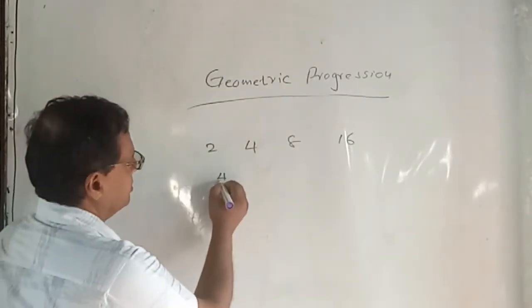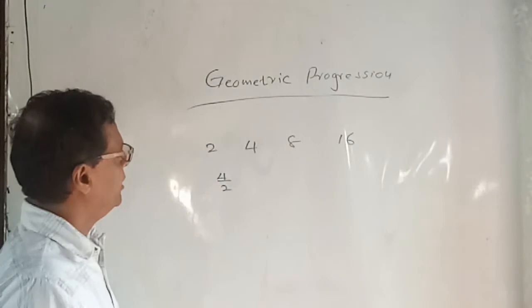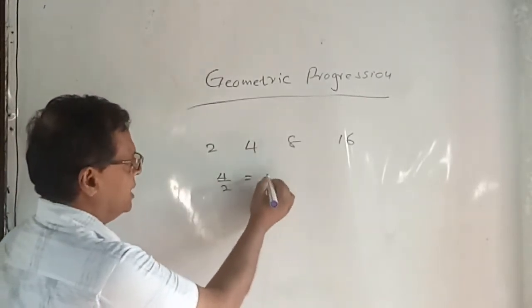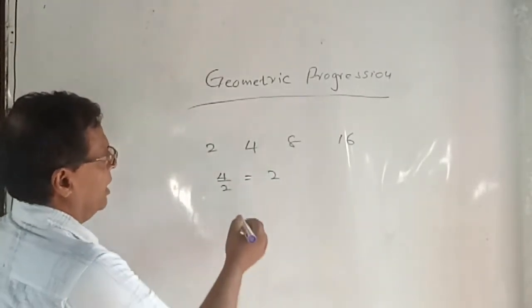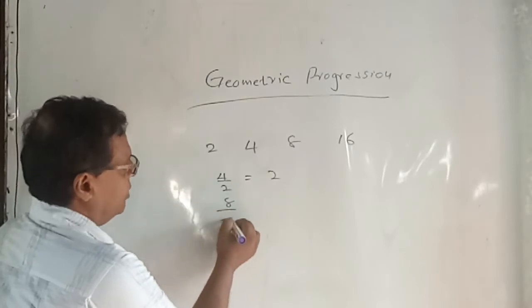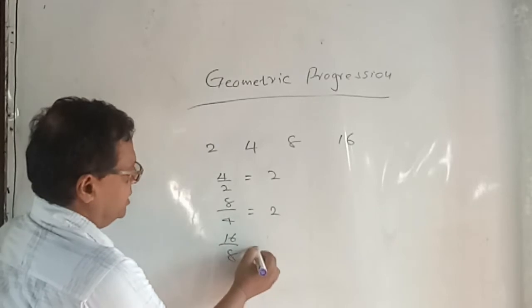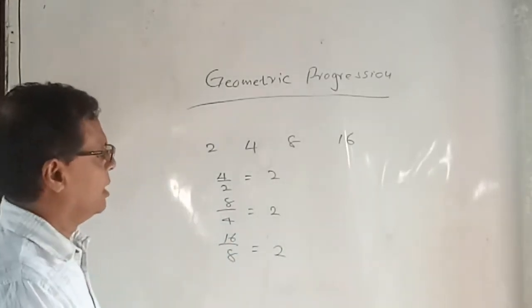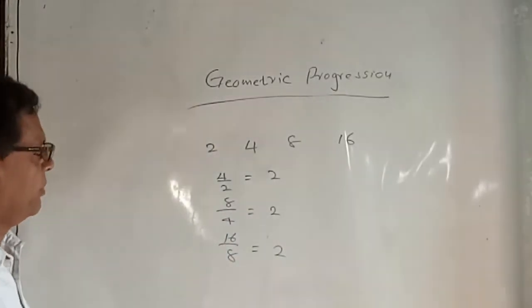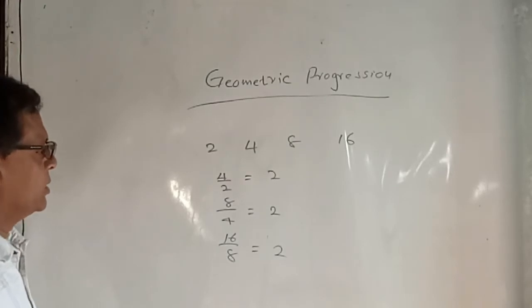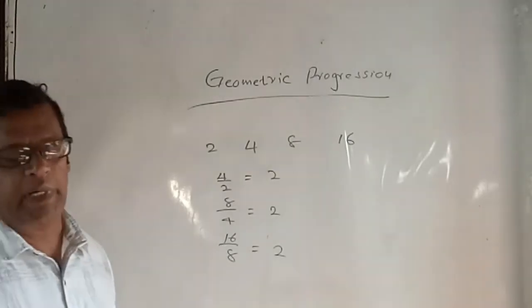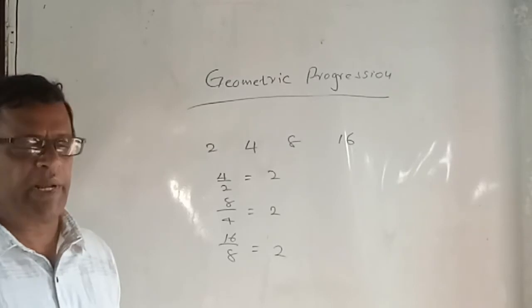Now, the second term divided by the first term is 2, and then 8 divided by 4 is 2, 16 divided by 8 is 2. Common ratio. So you can compare arithmetic progression with geometric progression.